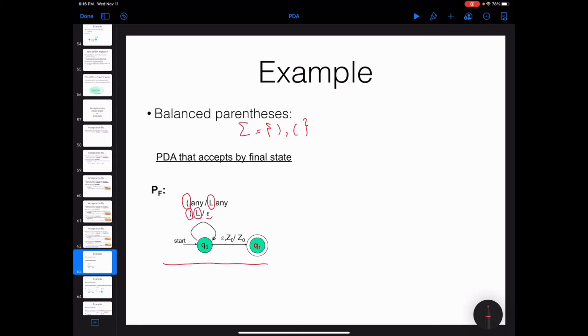And you only go to the accepting state whenever you have read the full string and there is no token except the Z0 on top of the stack, and you go to the final state and you would accept it.